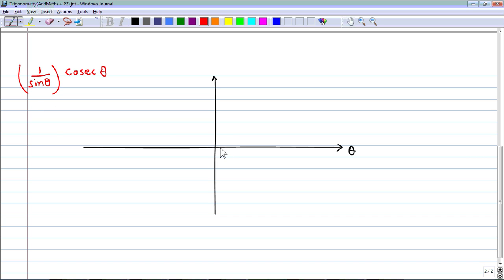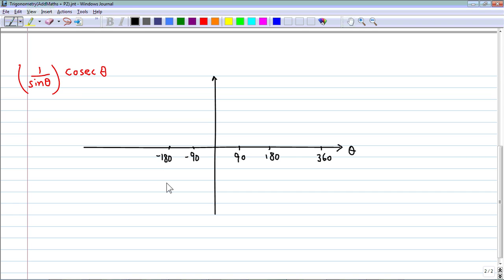So we just have to think about the values of sine theta. When theta is 0, sine theta is 0, so this is not defined. When theta is 90, so let's mark the key numbers here: 90, 180, and maybe 360 here, and minus 90 and minus 180, let's say.